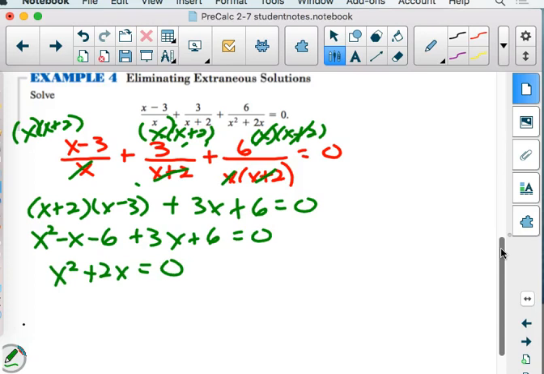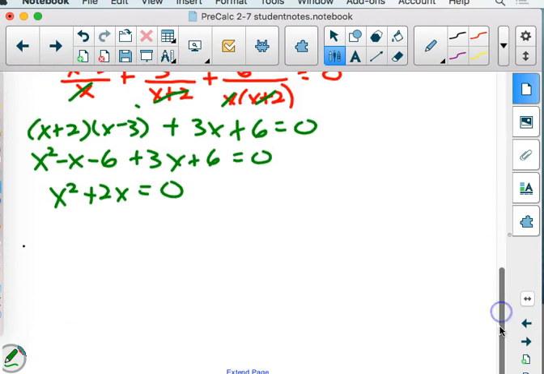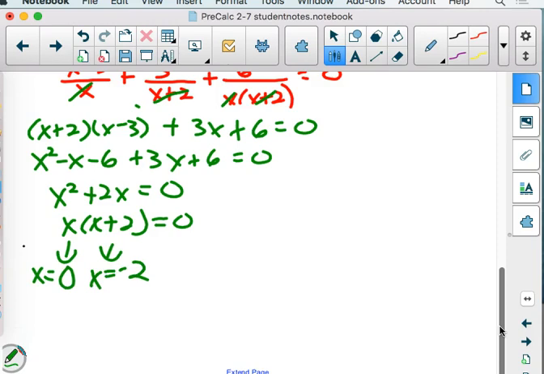Well, that's a lot nicer. So how do you suppose we can factor that? Take an x. So what are our zeros? So x equals 0 and x equals negative 2. Problem?